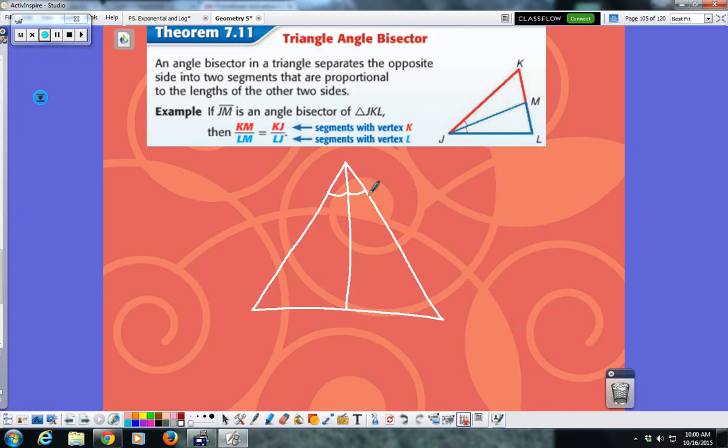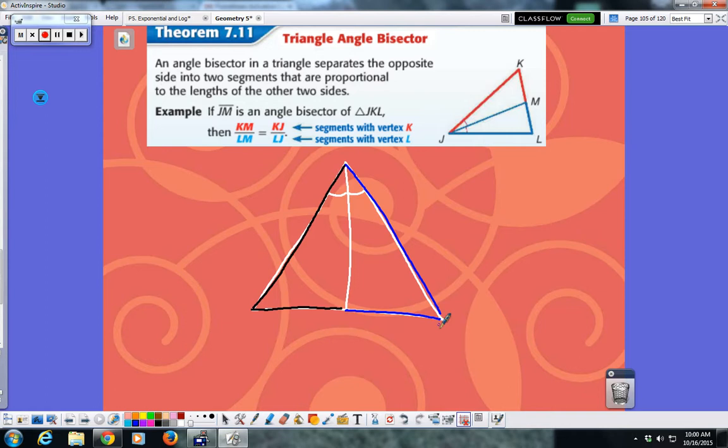Let me show you what I mean by that. When you draw this angle bisector, it cuts this into 2 pieces, a side and a bottom, which is actually proportional to this side and this bottom. We can't say the same thing about perpendicular bisectors. We can't say the same thing about altitudes and all those others.